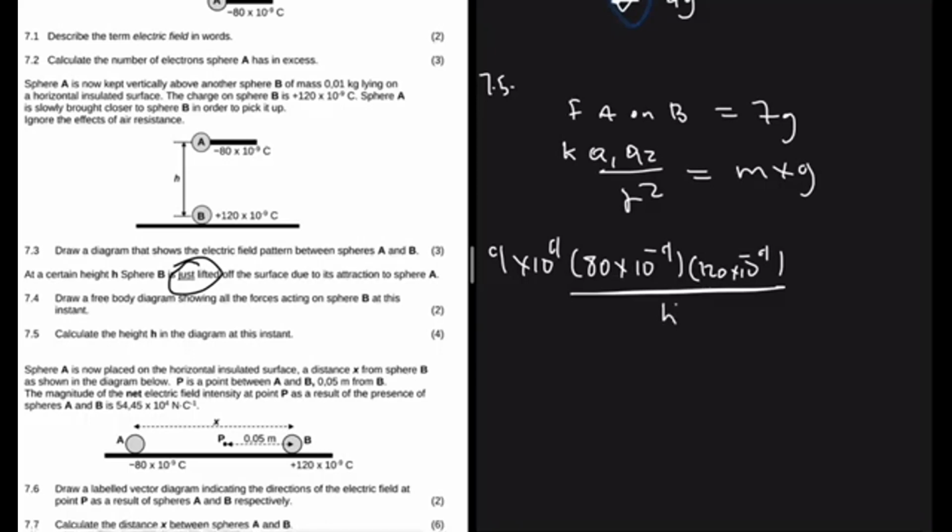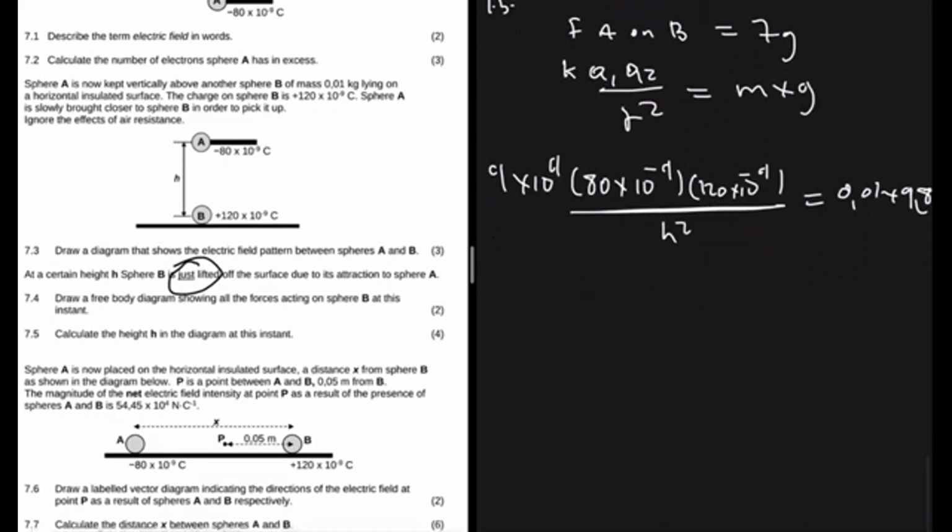So we're going to have h squared, which is equal to the mass 0.01, and gravity is 9.8, right? So now we're basically solving for h squared. If we cross multiply, h squared is going to be multiplied with 0.01 multiplied by 9.8, and then we're going to end up dividing both sides by 0.01 multiplied by 9.8.